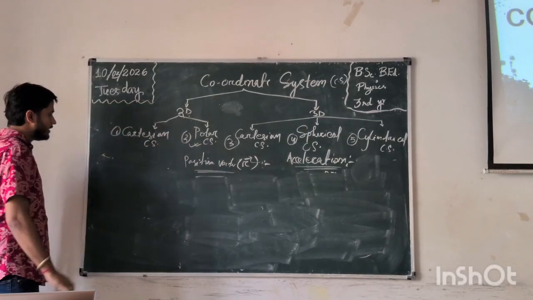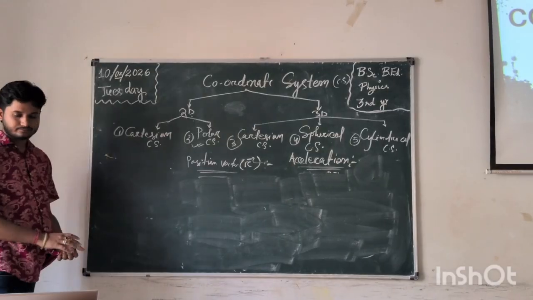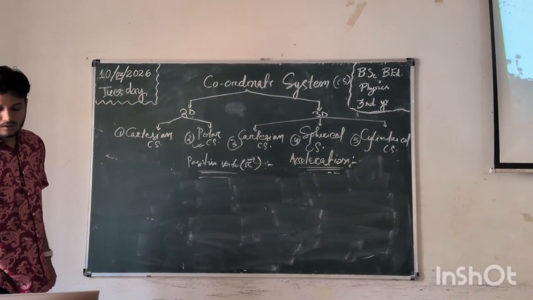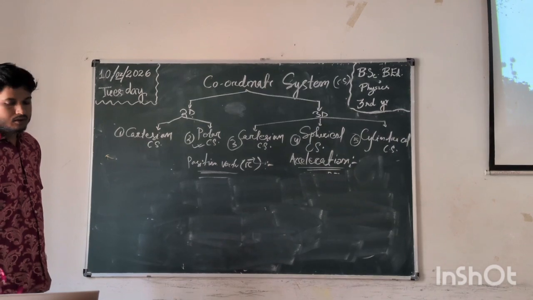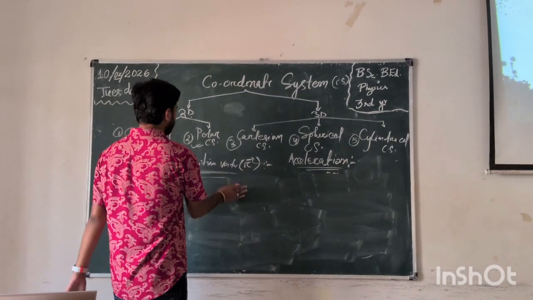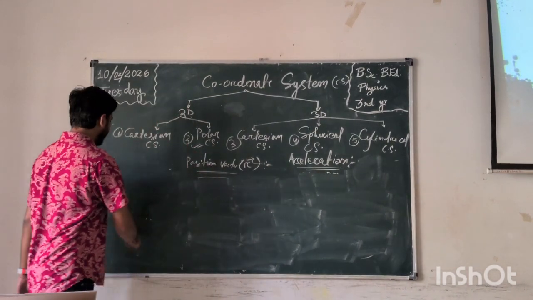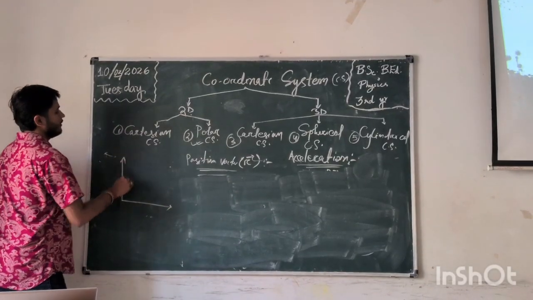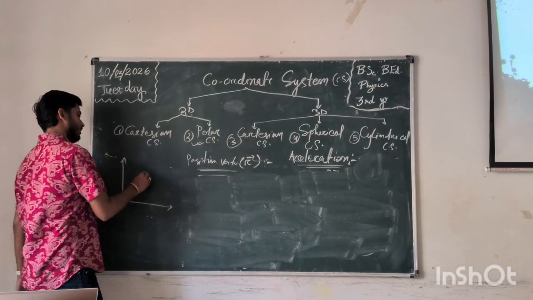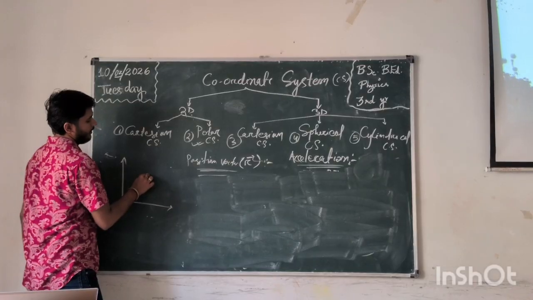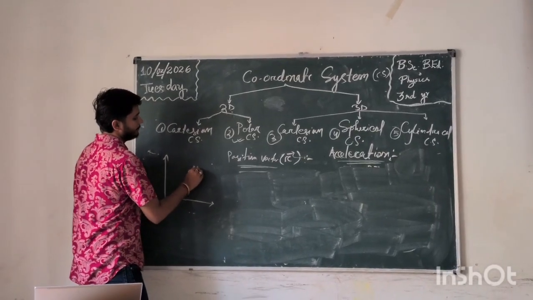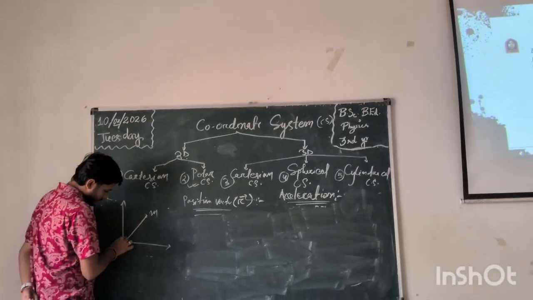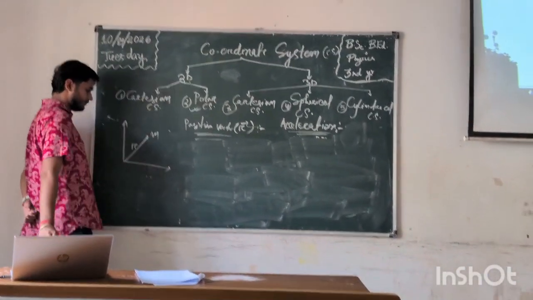So what is the polar coordinate system? In the polar coordinate system, suppose we have an object here, a micro particle of mass m. Its distance from the origin is r.